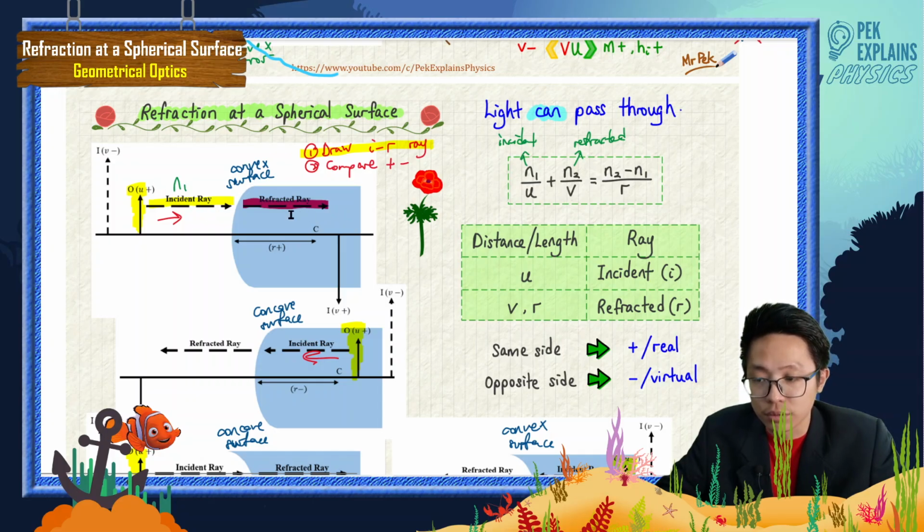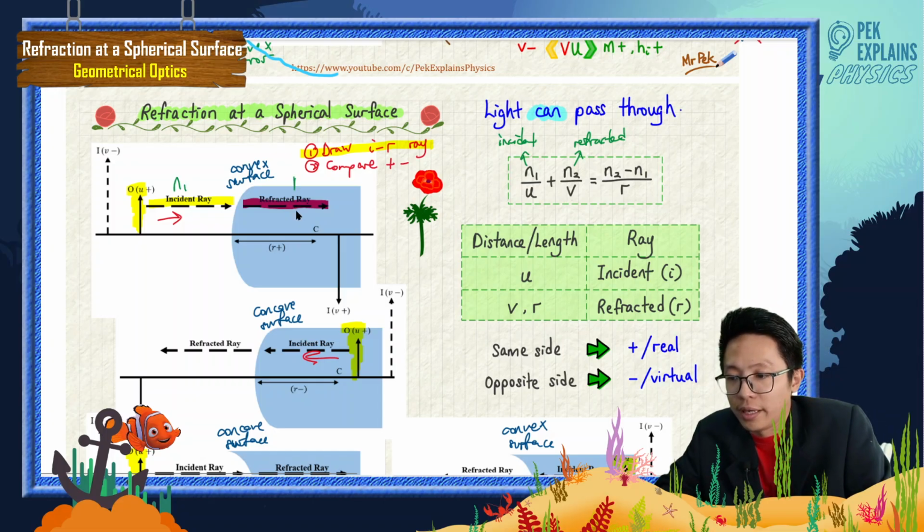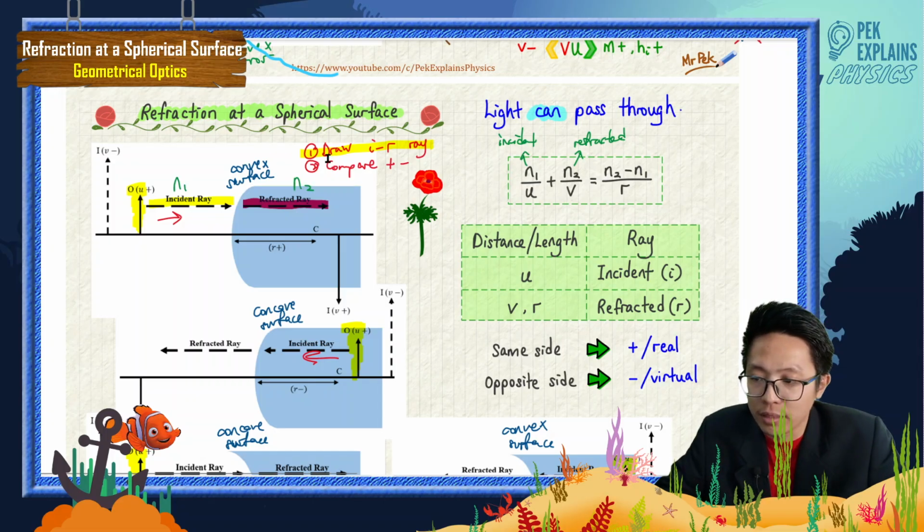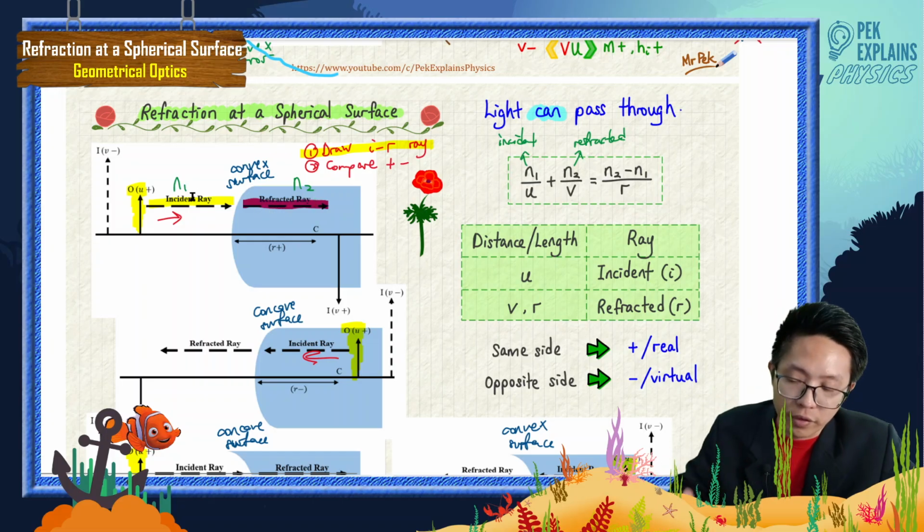So this second medium is N2, the refractive index for the refracted ray. N1 is the refractive index for the incident ray. N2 is the refractive index of the medium for the refracted ray.